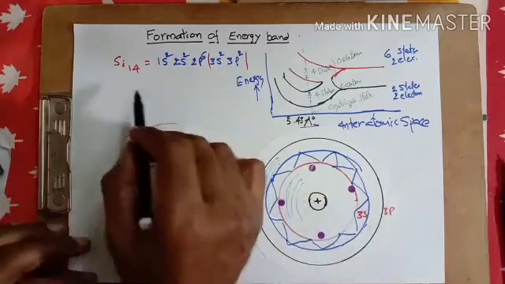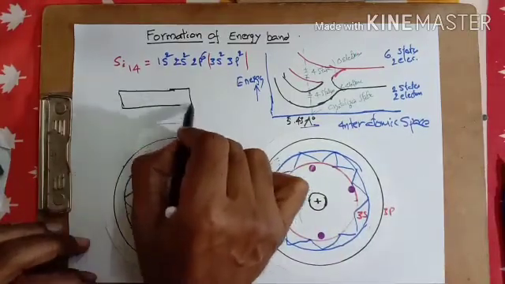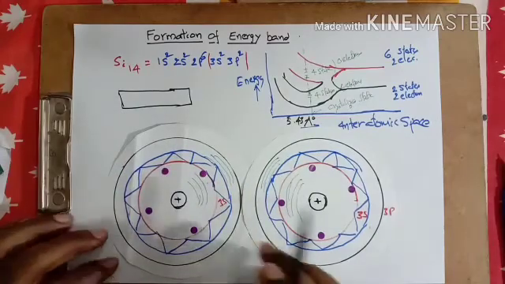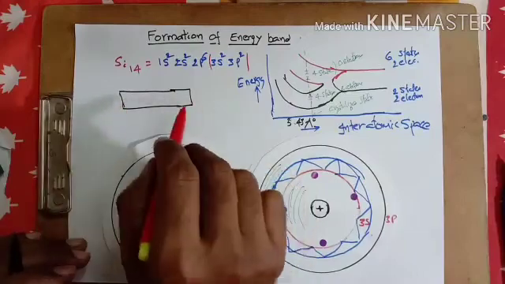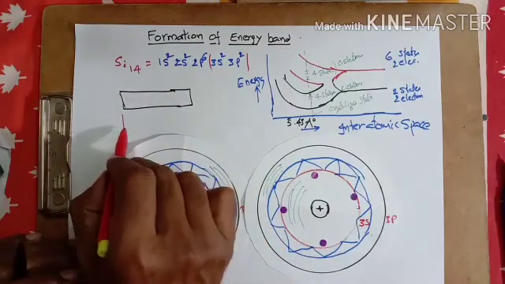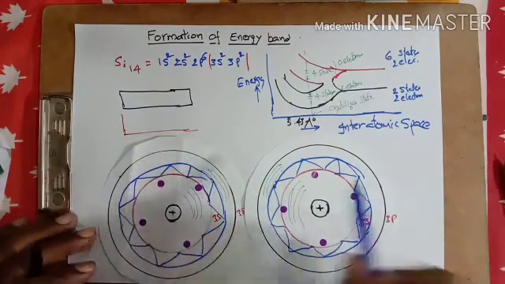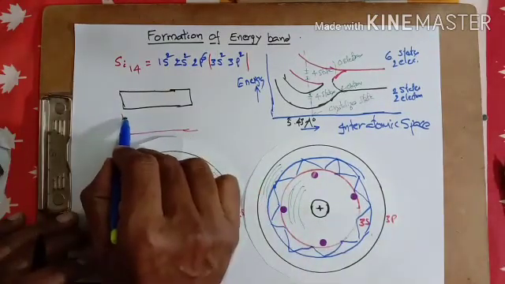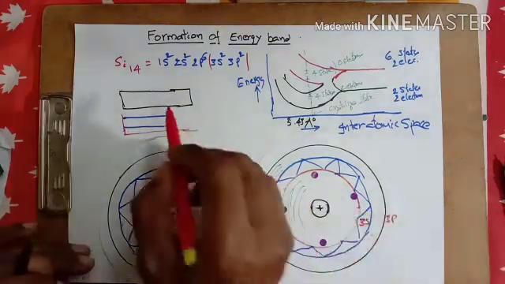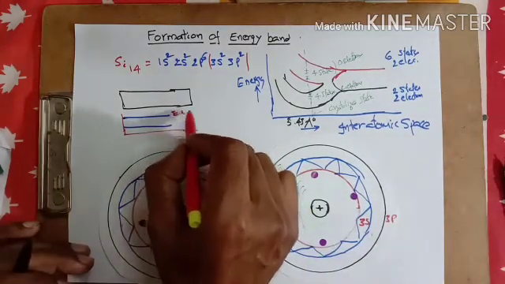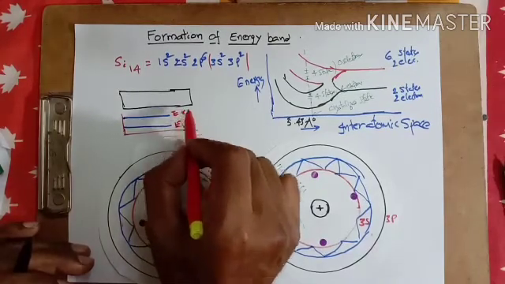If you take a slab of silicon like this, then along the length of this, it will have an energy distribution, top level and bottom. This is called the conduction band, and this is called the valence band.